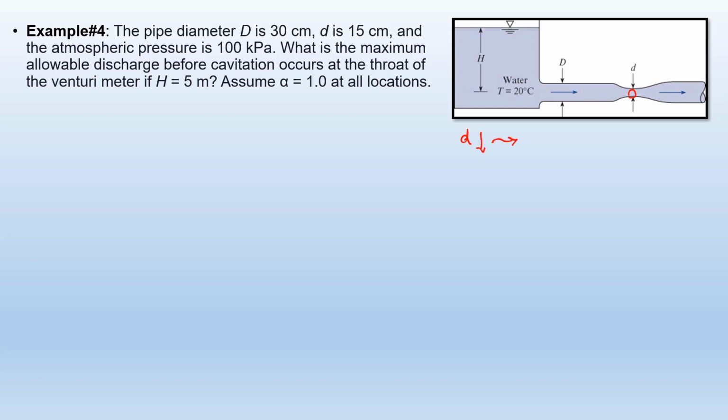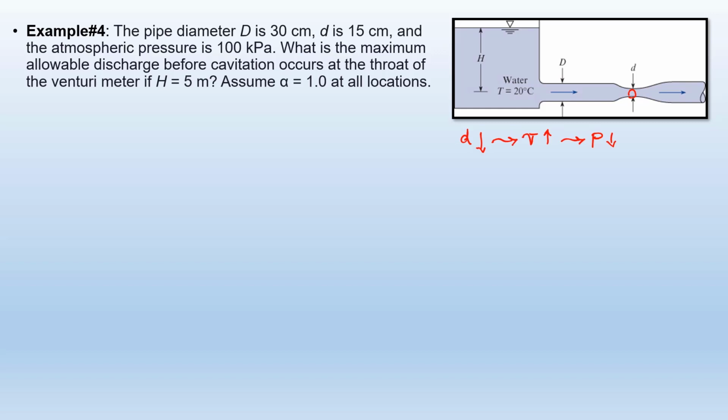This means that velocity is very high. And when velocity is high, pressure is small. So if the flow rate is higher than a maximum allowable, then your velocity is going to be super high, your pressure is going to drop below vapor pressure, and cavitation happens.